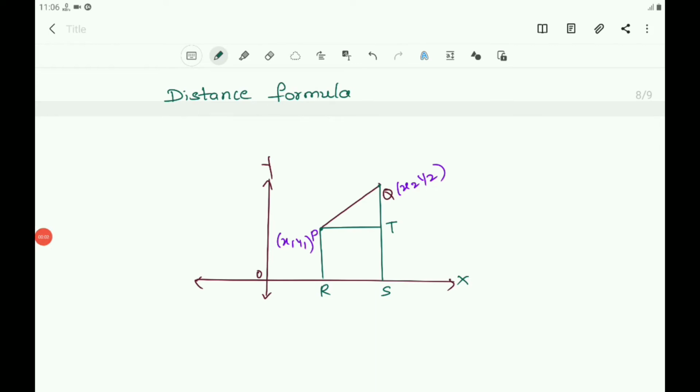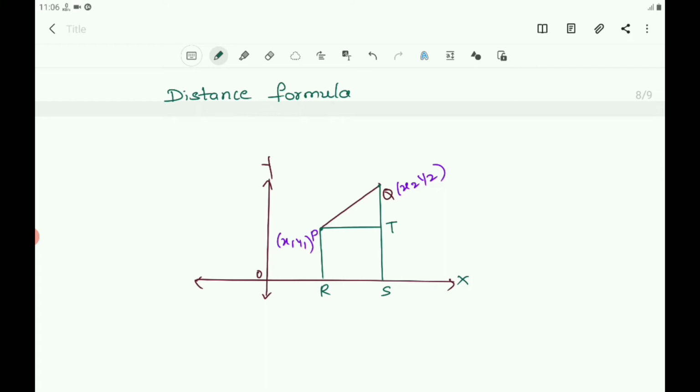Now let us find the distance between any two points. Distance between any two points, that is nothing but the distance formula. Let the 2 points P and Q be in the plane. They are any 2 points in a plane.